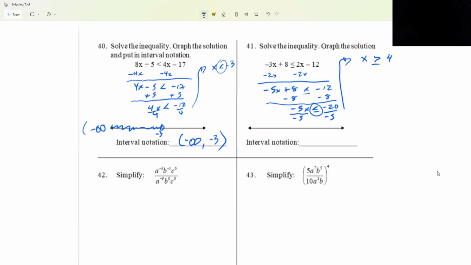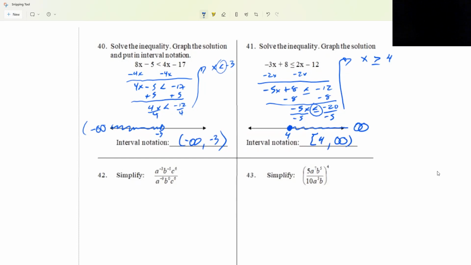Okay, and then you go ahead and say, okay, here's 4. It's going to be everything this way. What's down here is positive infinity. It's got an equal to part, so it'd be either a closed circle or a bracket. So go to write an interval notation. That's what you get.